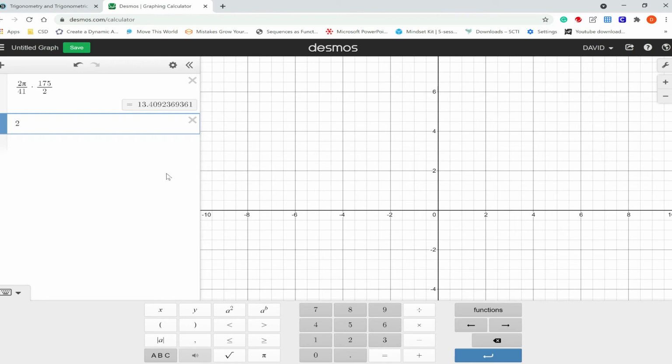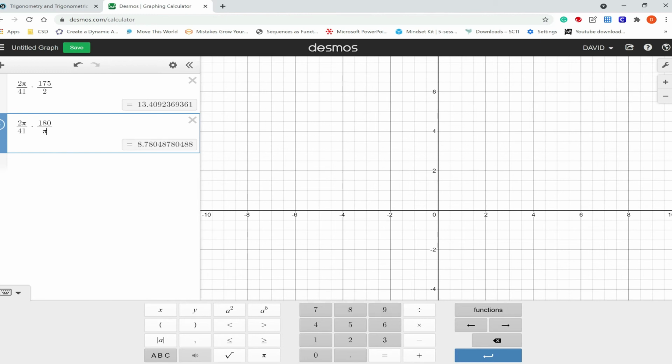So 2 pi divided by 41 times 180 divided by pi.